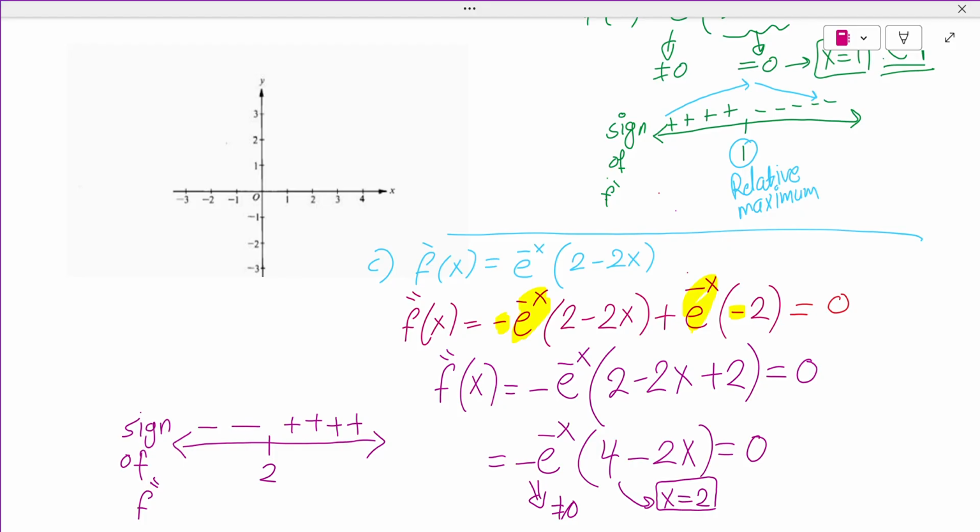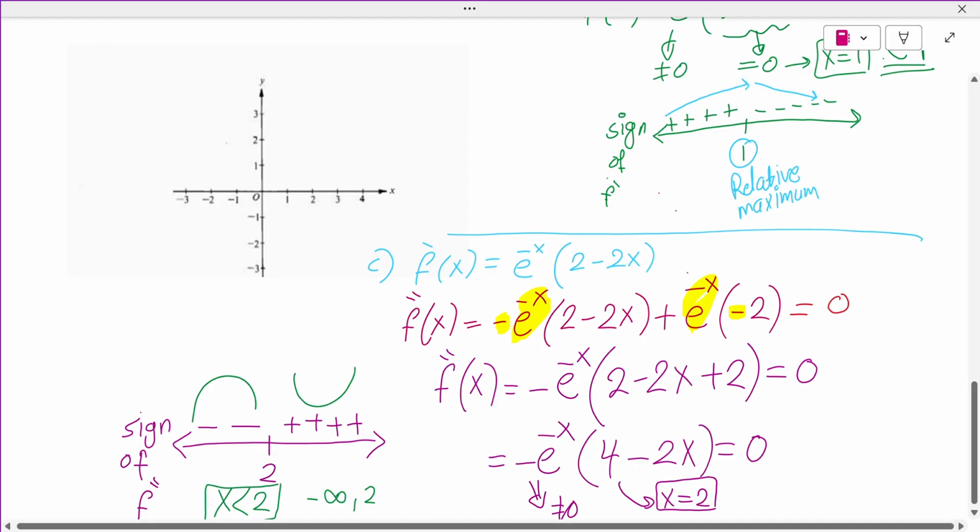What does it mean, positive? Well, positive means concave up, and negative means concave down. So the function is concave down for all x smaller than 2, or from negative infinity to 2. Okay? So the answer here is: for x smaller than 2, the function is concave down.